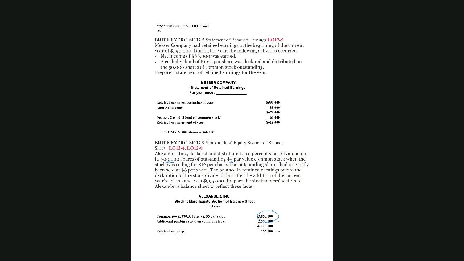What amount did we multiply the additional 70,000 shares issued in the stock dividend by? How much did we increase the common stock account by for the 70,000 additional shares?